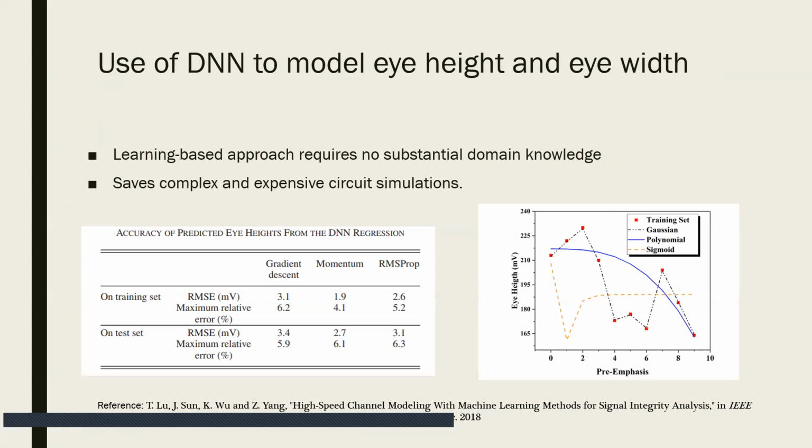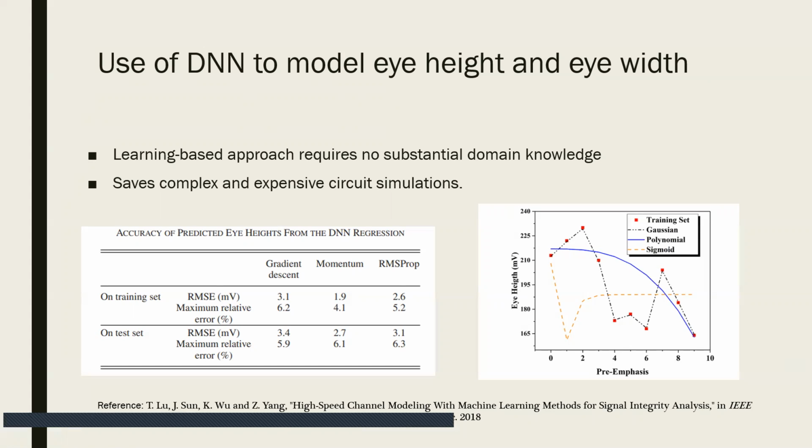Then a deep neural network is applied to train from prior data to model those design parameters and predict the eye height and eye widths. It turns out that the learning-based approach requires no substantial domain knowledge and produces good results.